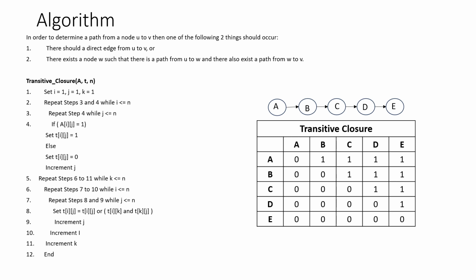And if we are unable to find such a vertex K, then we will leave the entry as it is. It means the entry will be 0. So this is the algorithm for finding the transitive closure.